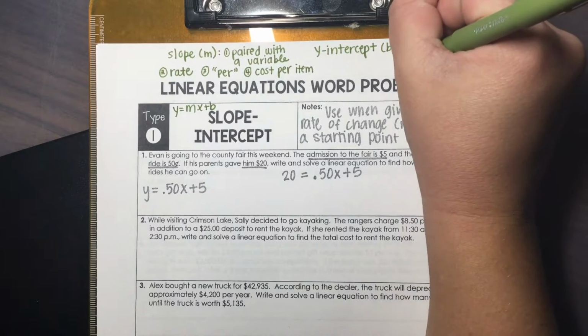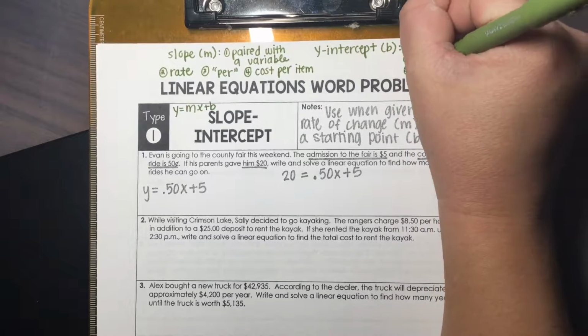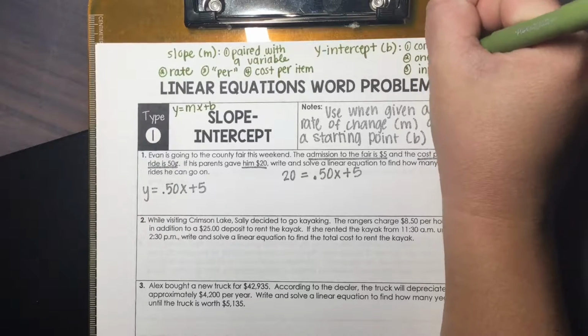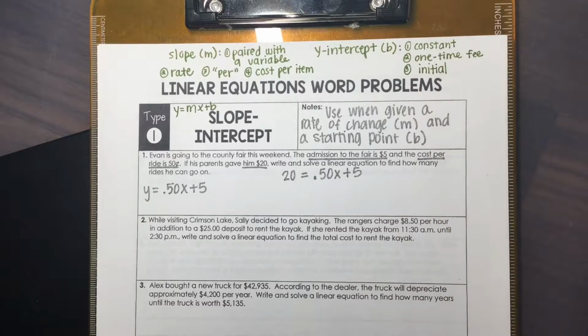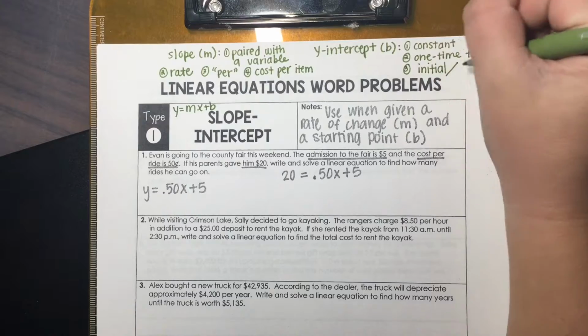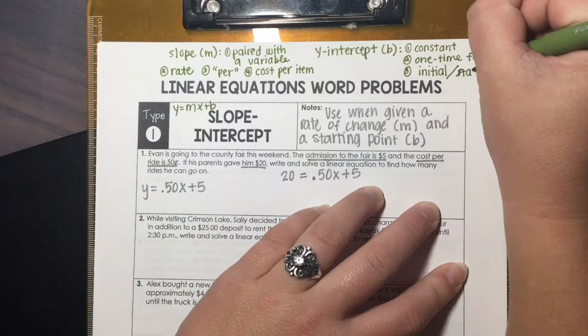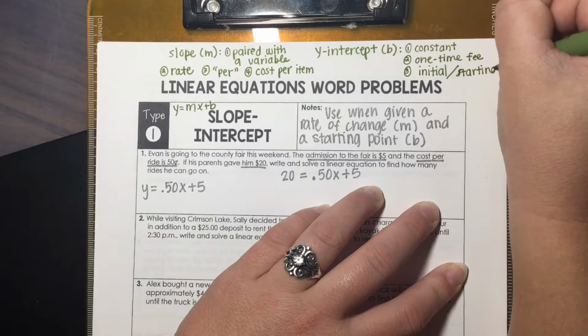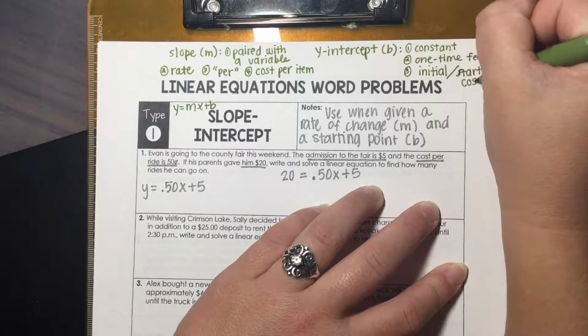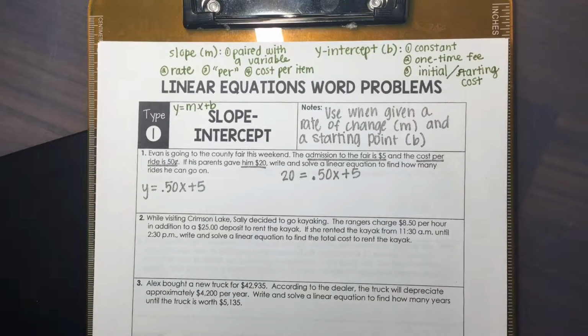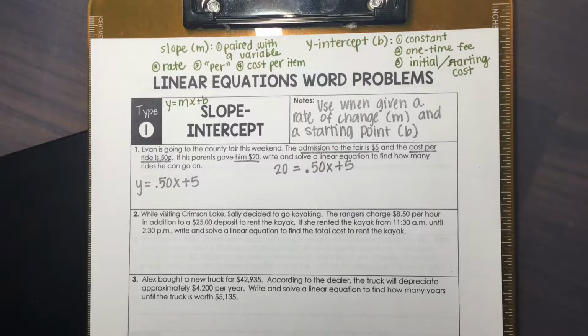You can also see it called an initial or starting cost. Those are a couple of different ways you can see some of these words.